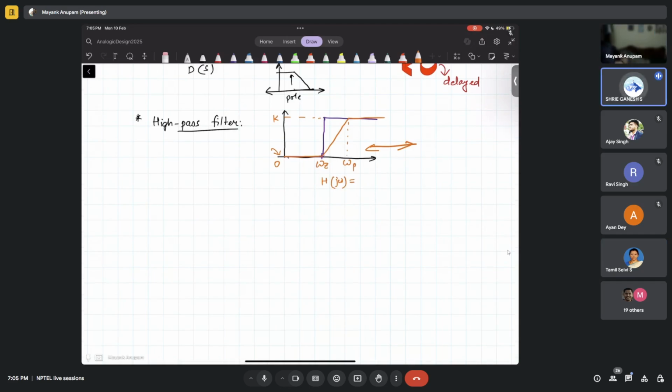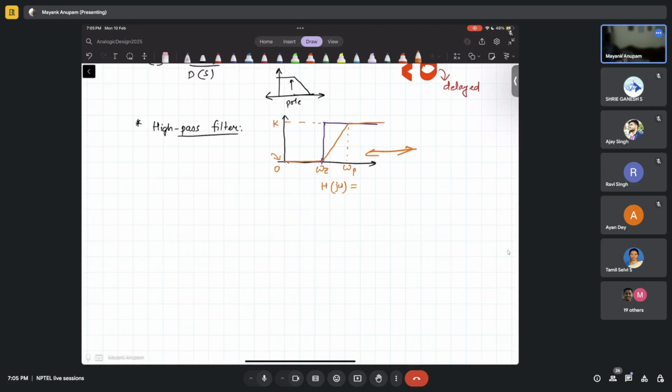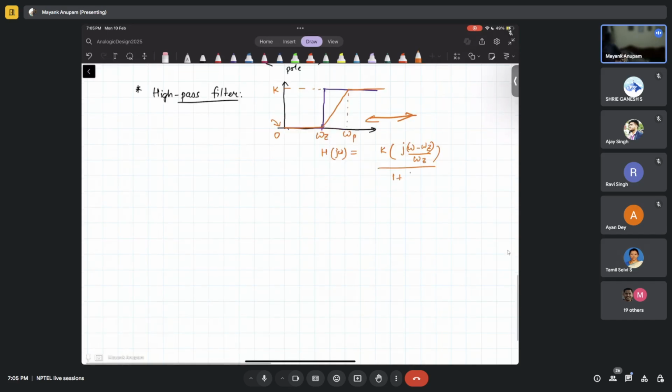I guess the one in the numerator won't come. So it will be k into j omega divided by omega z, divided by 1 plus j omega divided by omega p. This is how it will look like.